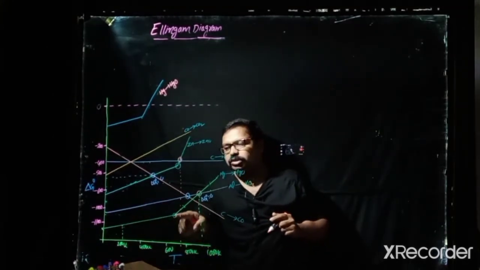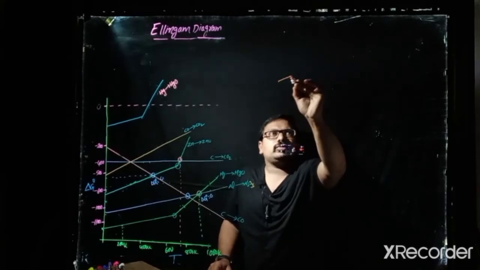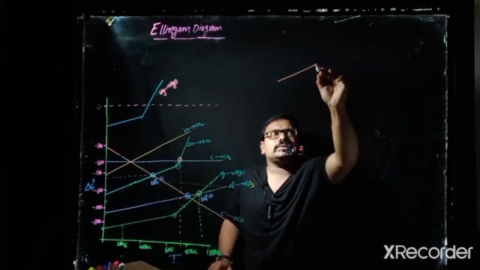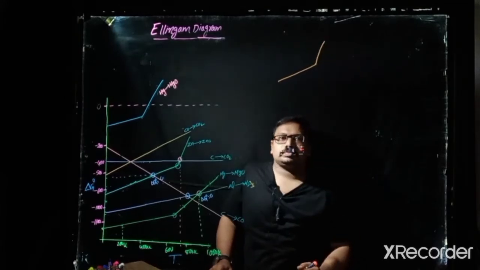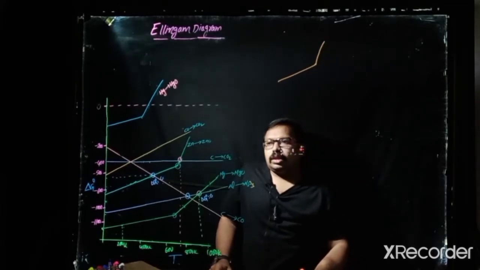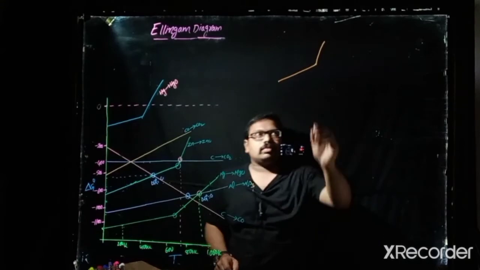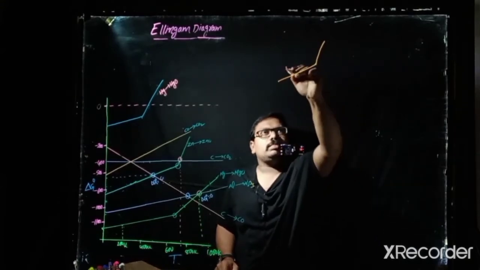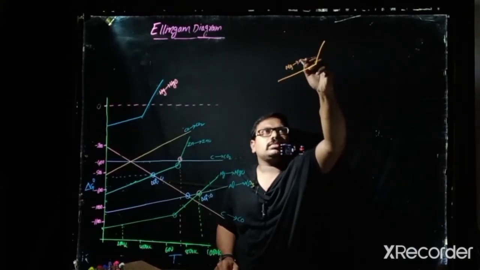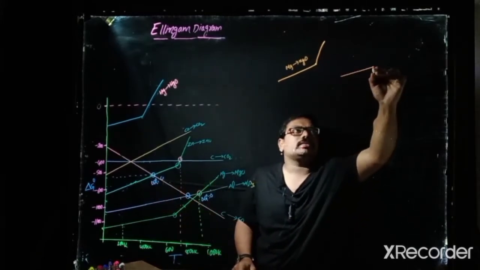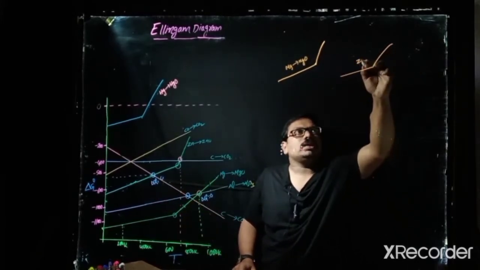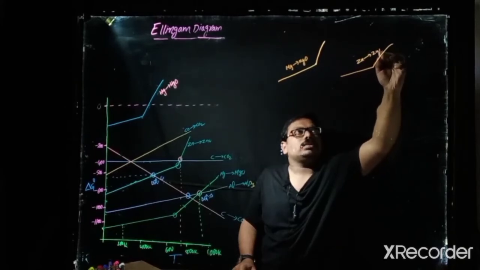See the magnesium oxide curve: up to here it will be like this, but at that point we get a sudden change. And if you observe the zinc oxide curve, it will also be like that. This will be the zinc oxide curve.